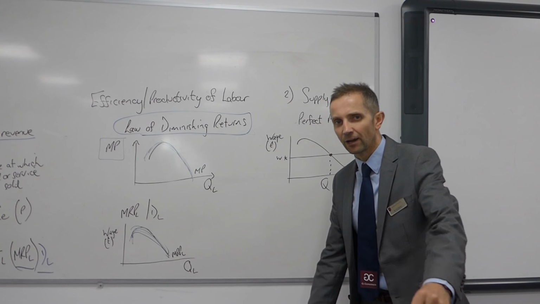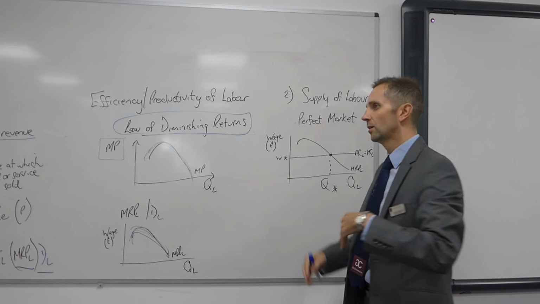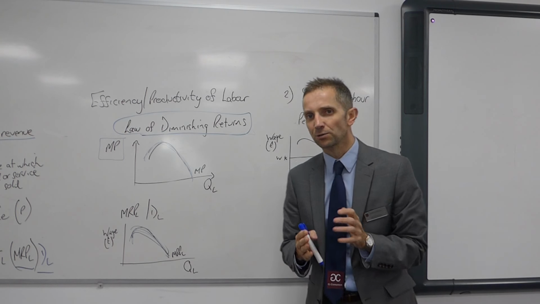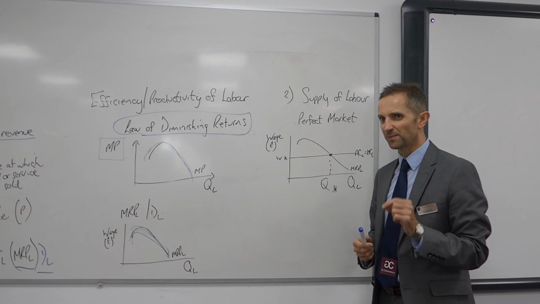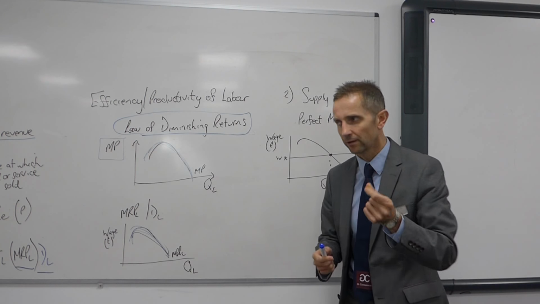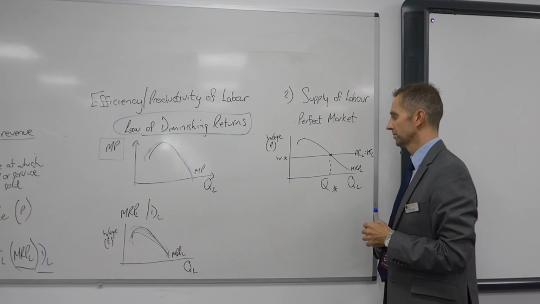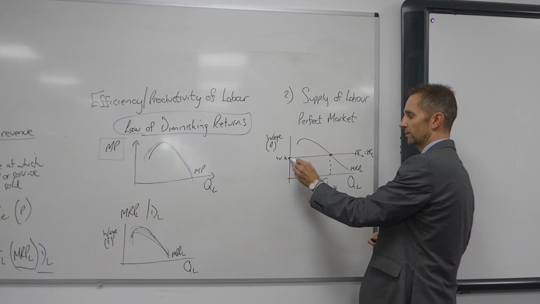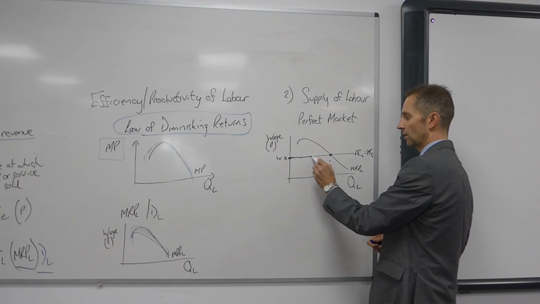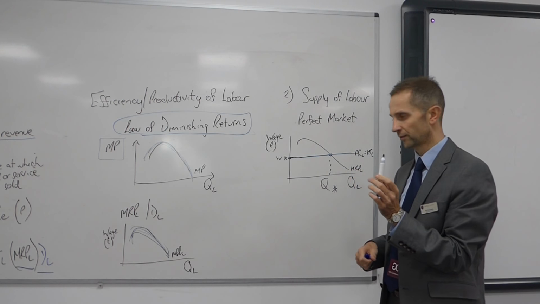Now that's highly theoretical, and here again we're talking about theoretical notions. So the employer can employ as many units of labour at the same wage as it wants. Now if that's the case, W star being the going wage, that will just be a perfectly elastic curve.